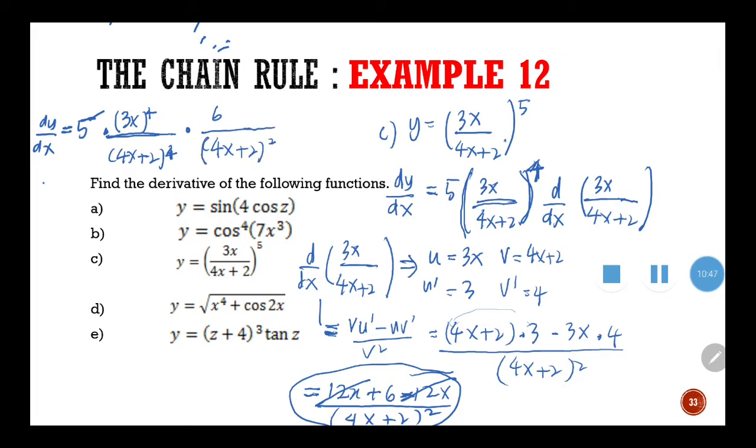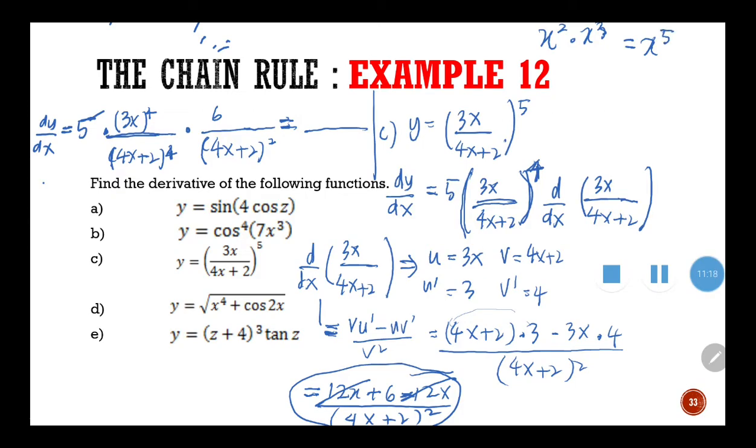Okay, and then from here, do you see, class? There are something in common here. We have 4x plus 2 power of 4 and 4x plus 2 power of 2. So, if we have x power of 2 and x power of 3, say, we can simplify it to x power of what? 5 or 6? The power we add or we multiply? The power we add, right?